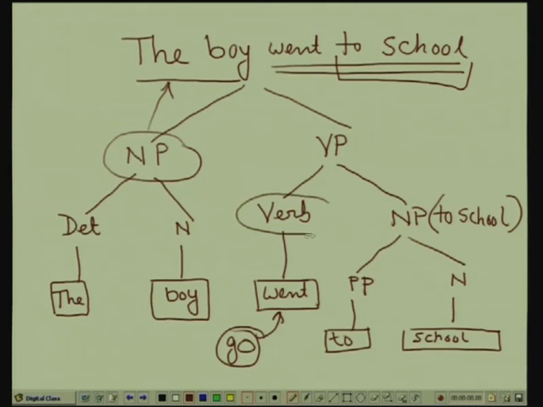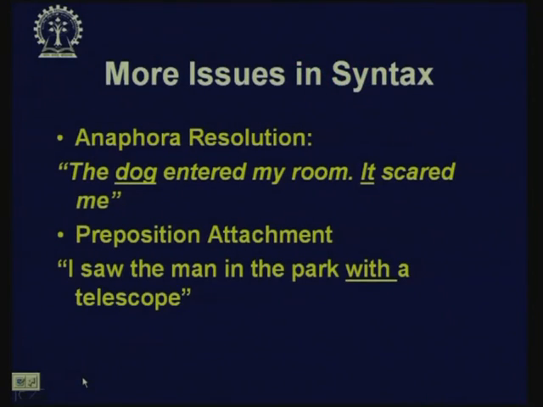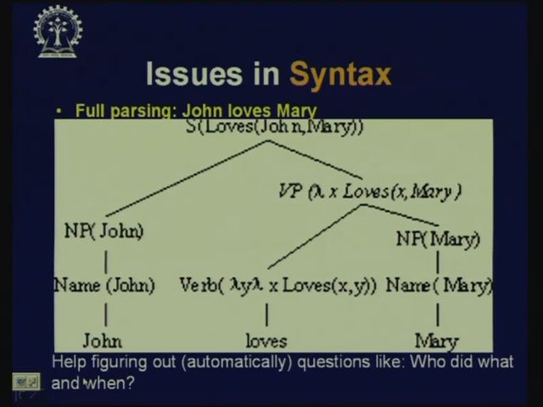This is the verb, went is the verb, etc. So, parsing helps in figuring out automatically questions like who did what and when. If we have John loves Mary, and we ask the question who loves Mary, from this parsing we can straightaway come to the subject and say well, John loves Mary.